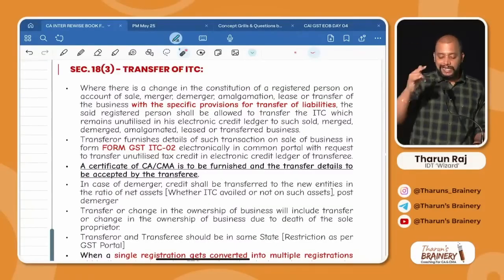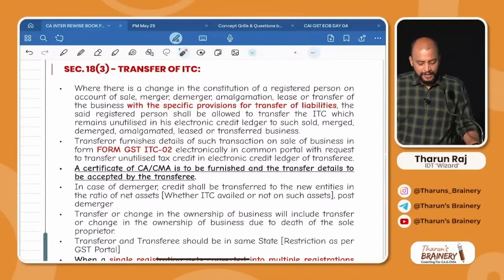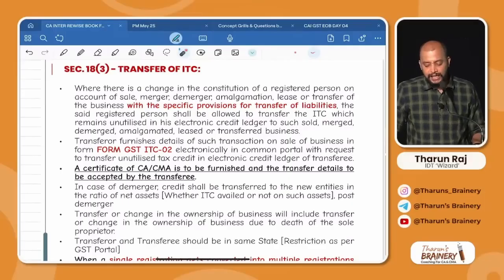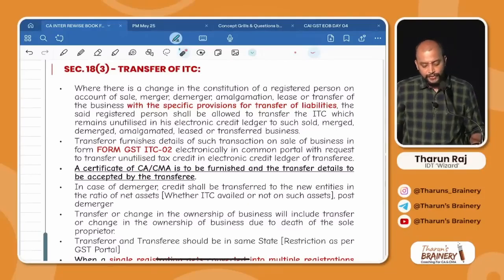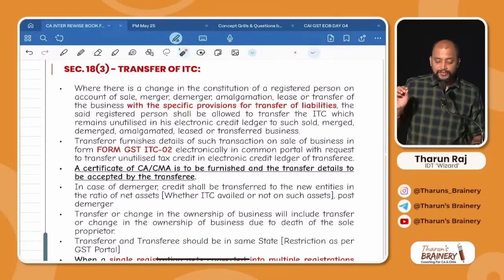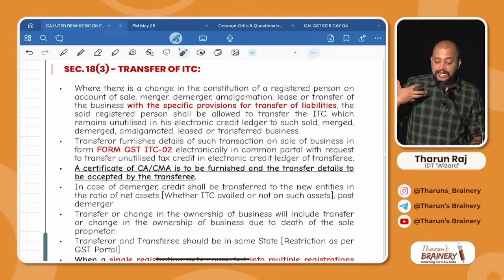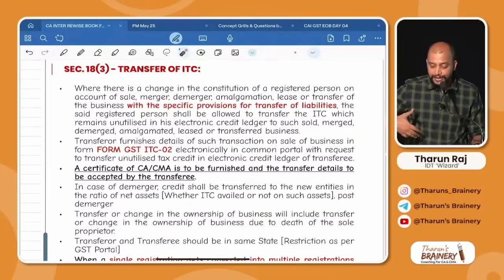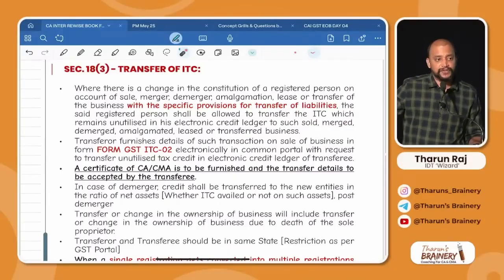All these points are there, you see that. Read the first point, everyone. When there is a change in constitution of a registered person on account of sale, merger, demerger, amalgamation, lease or transfer of business with specific provision for transfer of liabilities, the said registered person shall be allowed to transfer the ITC which remains unutilized in his electronic credit ledger to such sold, merged, demerged, amalgamated, leased or transferred business.